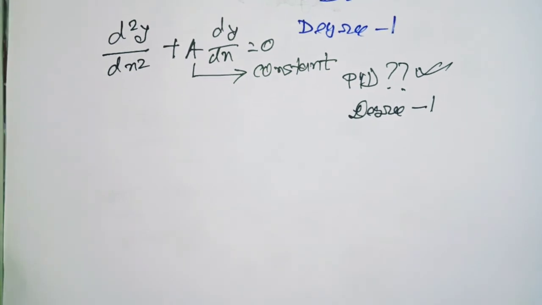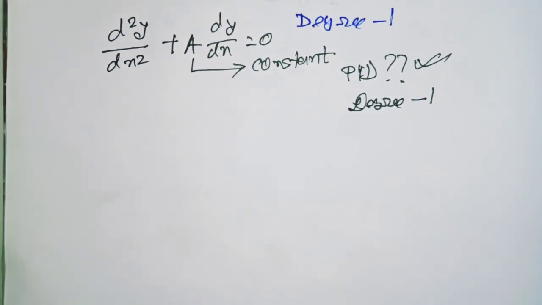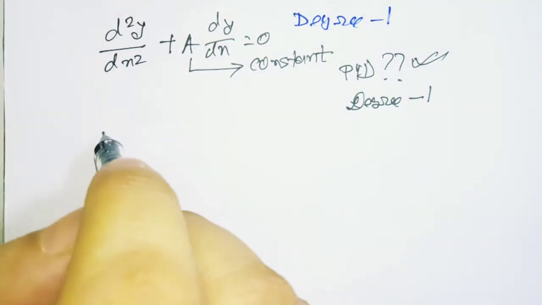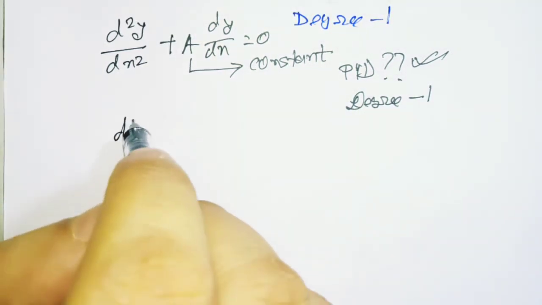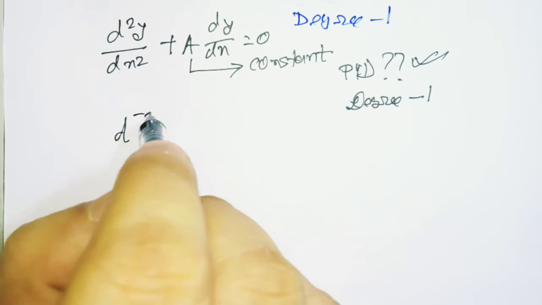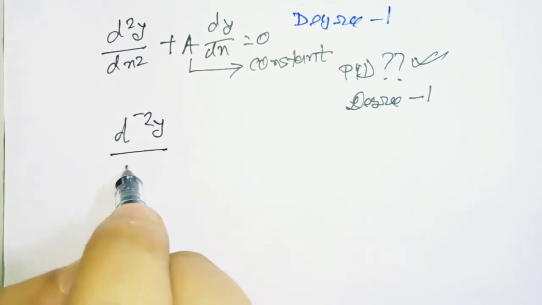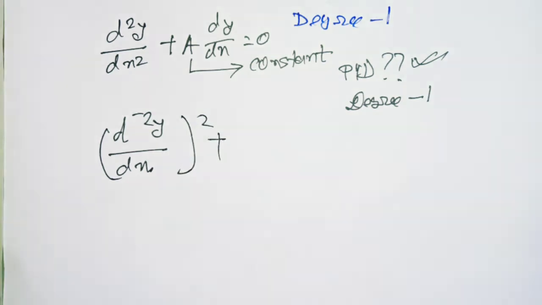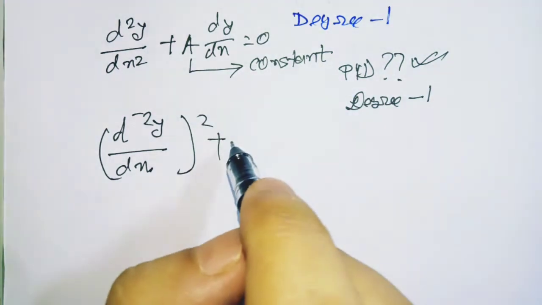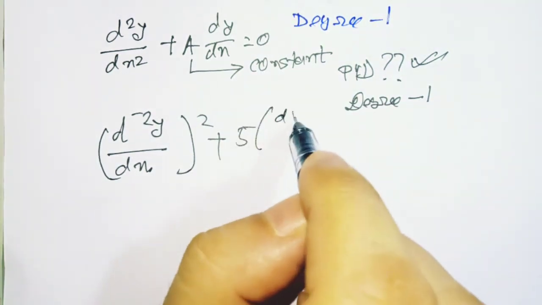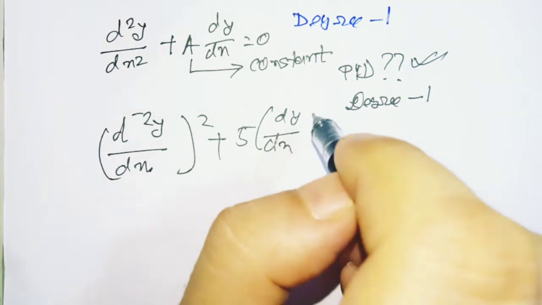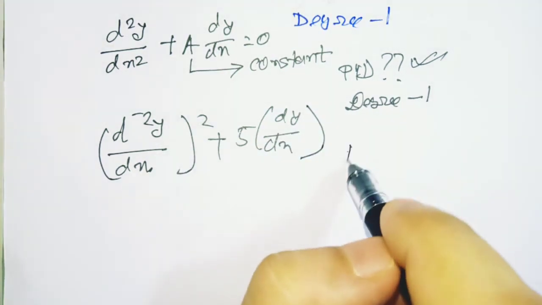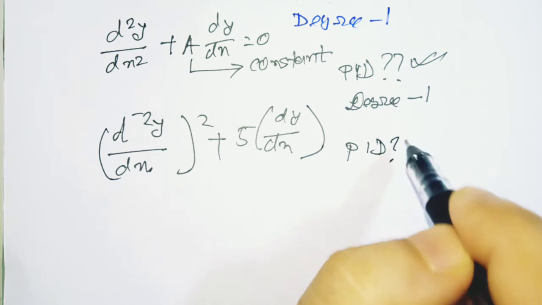Okay. Now let us see another example. Let me write it in this way. d raised to the power minus 2y by dx whole squared plus 5 dy by dx. First of all, you need to understand, is it a polynomial in derivative?